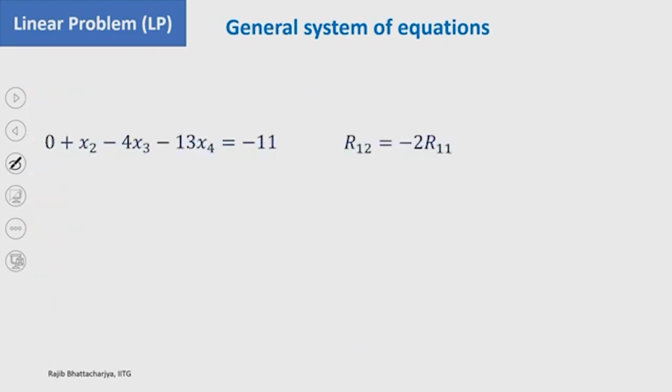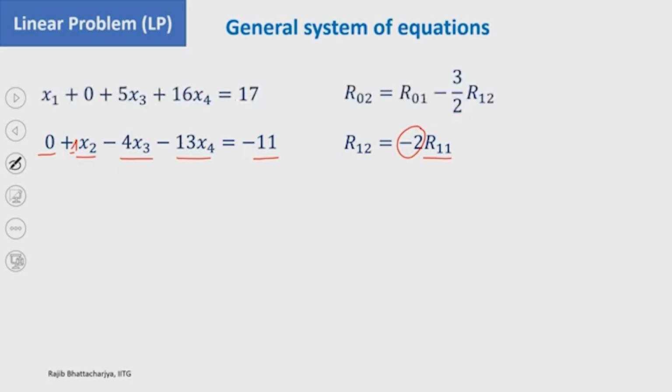What have I done here? I have multiplied R 1 1 by minus 2. If you do that, this is 0 already, this is now x 2, so the coefficient is 1 here, then minus 4 x 3, then minus 13 x 4 equal to minus 11.